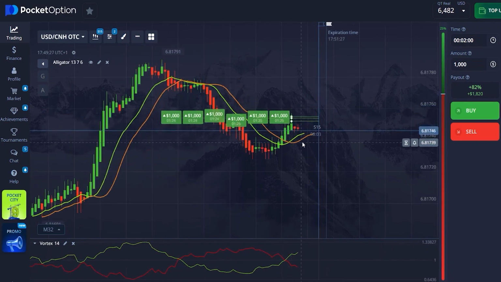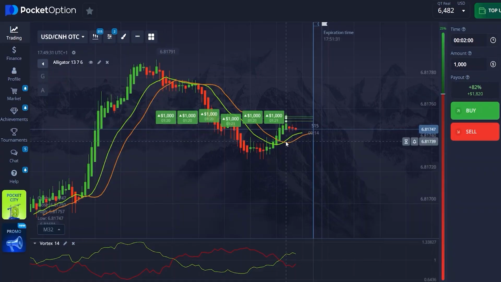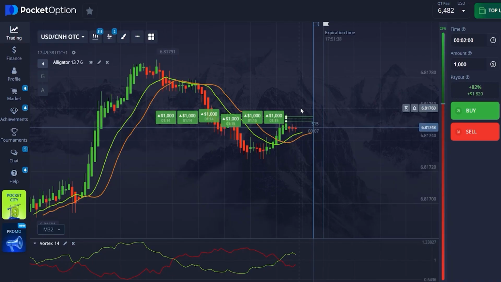Also, my alligator lines intersect each other. So in the case of an upward directional move, the green line has to be above the orange line to give me confirmation of an upward position.